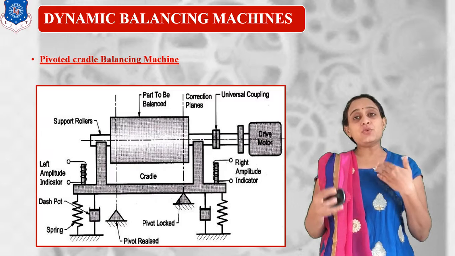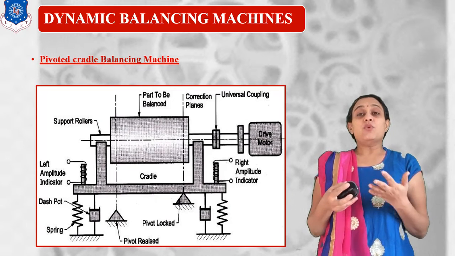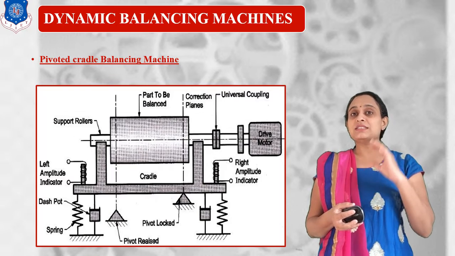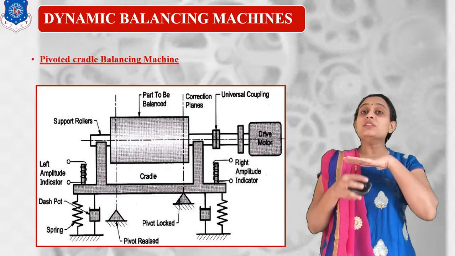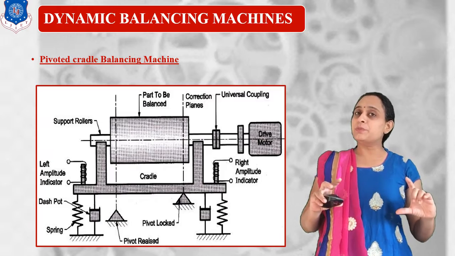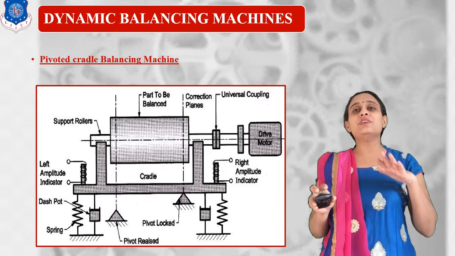Now they try to raise the speed of the shaft. By raising the speed, what will happen? The effect of the imbalance forces as well as couples will be on the cradle, and the cradle is mounted on spring and damper, so it will sway severely.